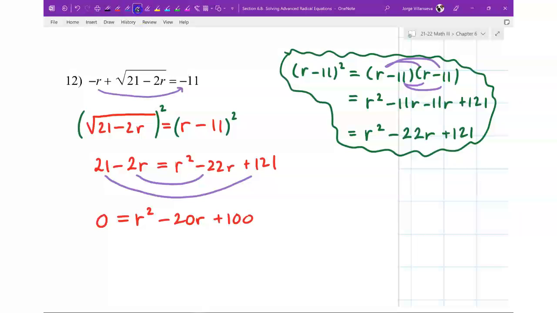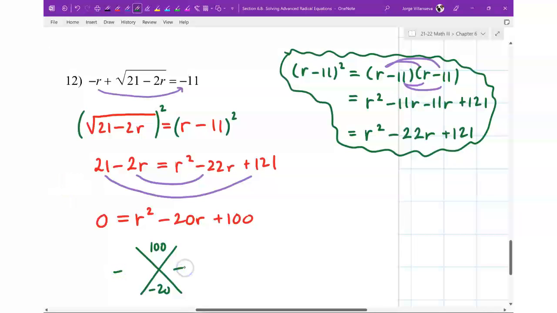So let's do the X method. On top is 100. On the bottom is negative 20. So what two numbers should I use? I need a positive 100 but a negative 20. They should both be negative. Yeah, negative 10, negative 10.